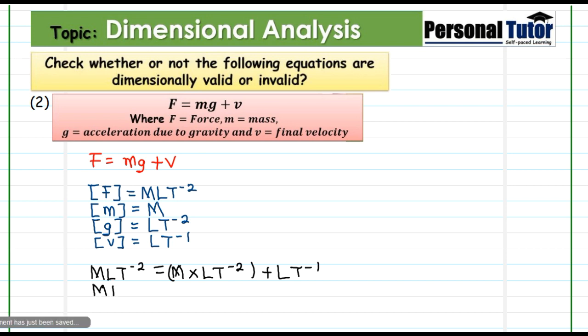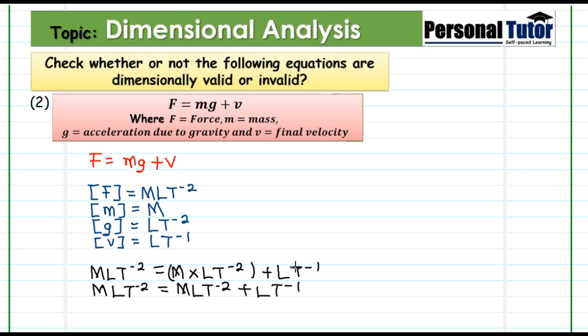Okay, so multiplying the other side, this will be MLT minus 2 plus LT minus 1. Looking at this, there isn't any way you could add these two terms because they are unlike.